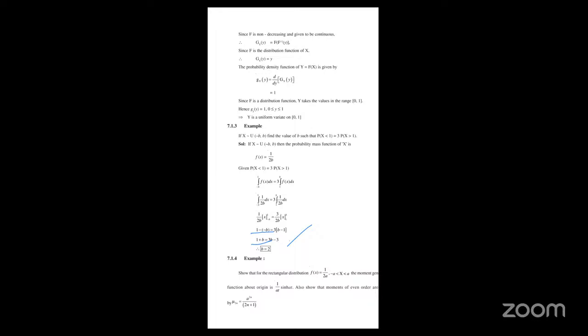So after calculations, 1 plus b is equal to 3b minus 3. So b one side and numbers the other side. If this b comes this side, it becomes 3b minus b, and if the minus 3 comes this side, it becomes plus 3, plus 1.